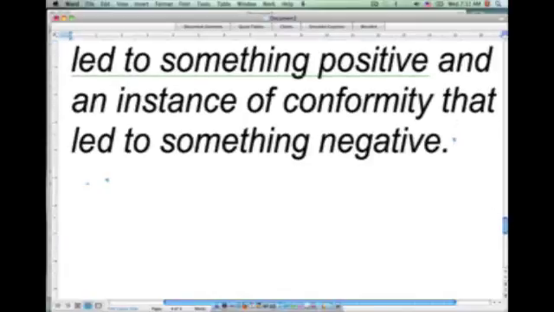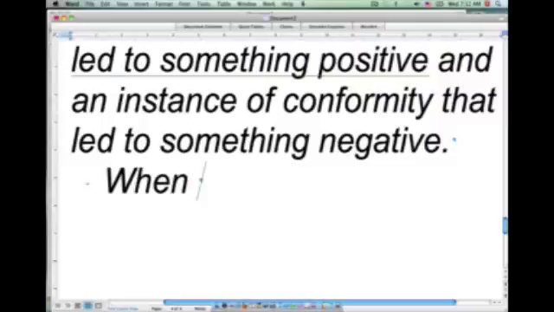Okay, so let's go to our first supporting paragraph. And so, of course, we're talking about the instance of conformity that created something beneficial.